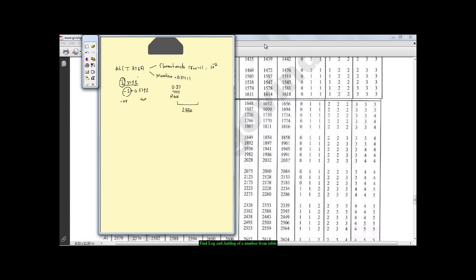0.37 row number, column number 1, and mean difference as 1. Okay, this is mean difference.